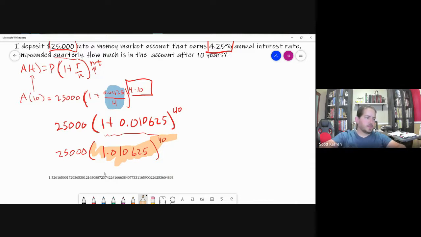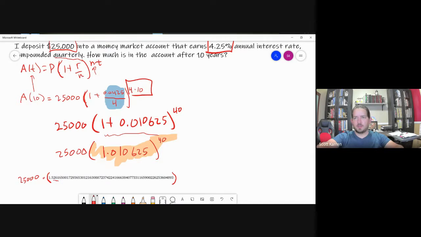So yeah, if I just leave this number in my calculator, I don't have to write it down. But if I just write down like 5 or 6 digits, I might be wrong in the end because I might have cut off too soon. So leave this number in your calculator and then just take that and multiply it by 25,000. And you can worry about rounding it in the end.